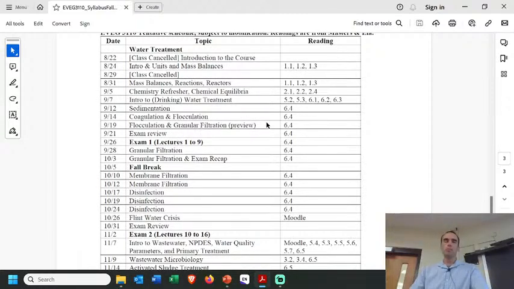So it will be primarily word problems, calculations. I keep most of the more topical, subjective material as flavor added. We'll talk about the Flint water crisis, for example, as participation, right? And so really what I'm testing you on is your ability to take these mass balance tools and the different tools that we learn along the way and apply them to some problem.